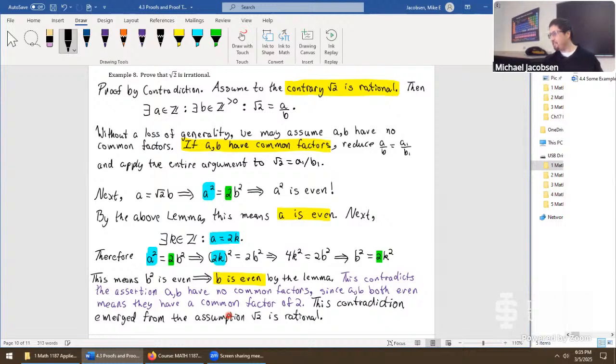And we're now done. Therefore, root 2, let's say it in a very strong way, it must, always a very, very strong word in mathematics when you say must, it must be irrational. Just no way to get out of it.